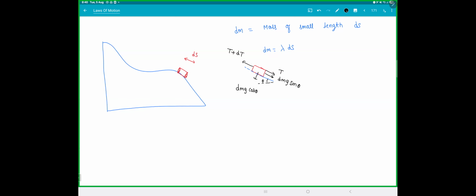So what is this dT here? dT is the change in tension. So every time as you climb the rope, because of that small mass, the tension will keep changing. Is there any guarantee tension will remain the same everywhere? There's no guarantee. So for a small change ds, let the change in tension be dT.